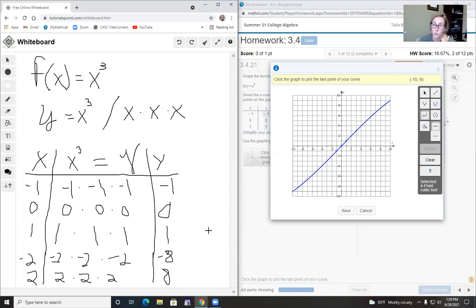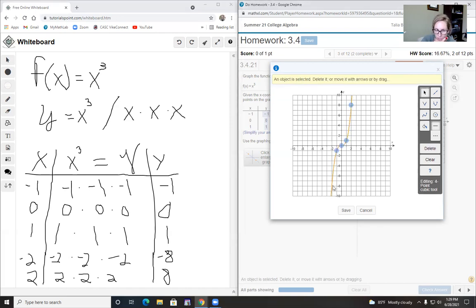You can graph either one of these points, but if you notice right here when you hover over it, it's a 4-point cubic tool for a reason. And we use the cubic tool because this is a cubed graph. So if I needed to finish this graph, I'd have to graph 2, 8 or negative 2, negative 8, because 3, 27 is not on this graph.